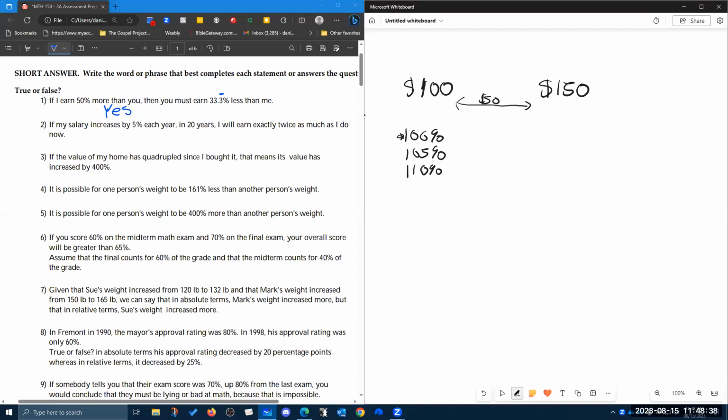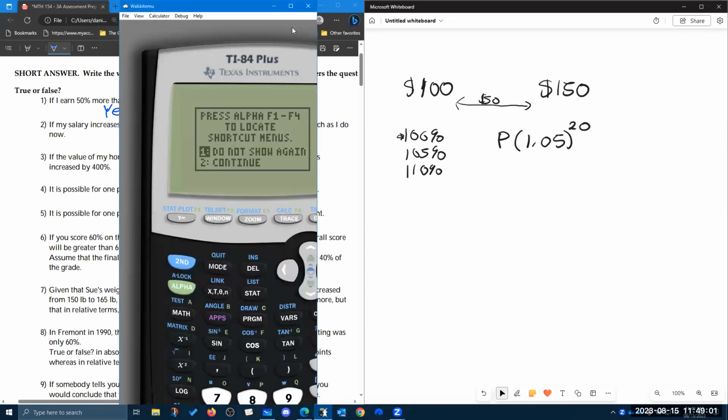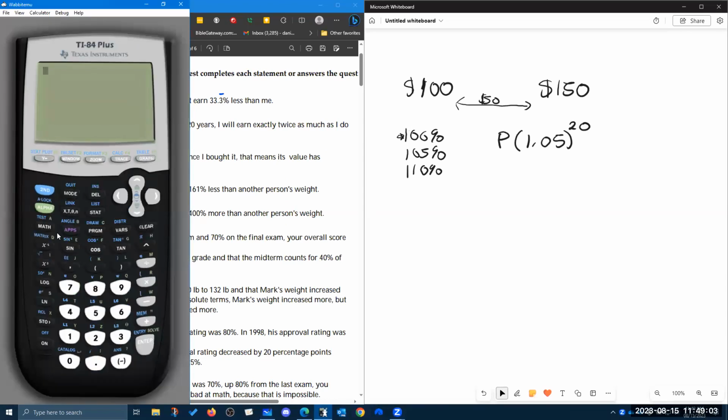What's going on is that you're going to have 105% raised to the 20th power, like that, times your original amount, P, like so. So you're going to be making, let's see what it is here, 1.05 raised to the 20th power. It's going to be a lot more.